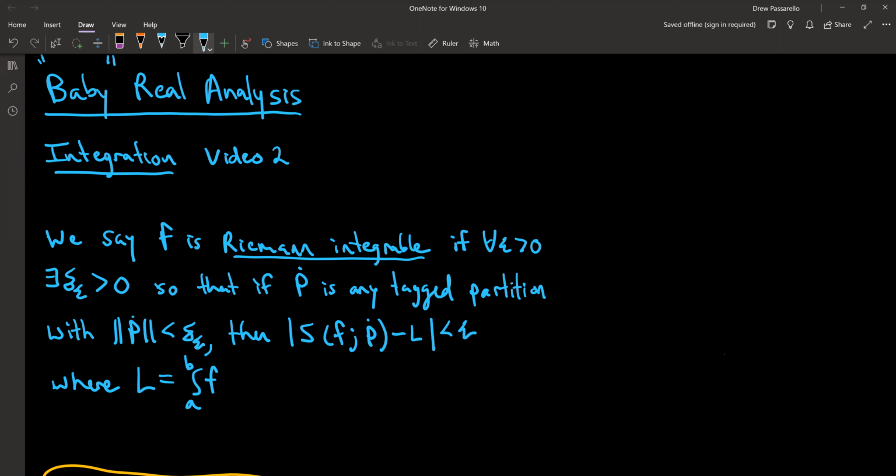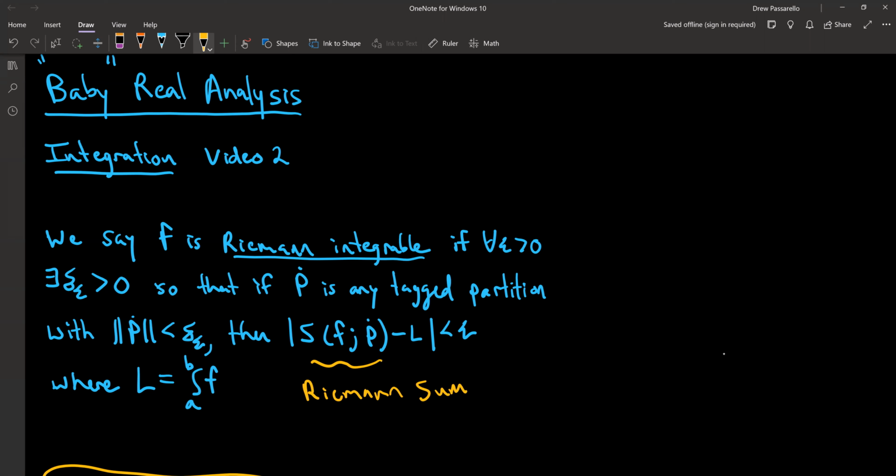All right, so that is the definition for Riemann integrable, and recall that S(f, P) is the Riemann sum. And then P is any tagged partition.